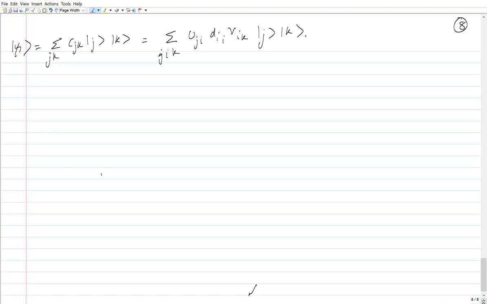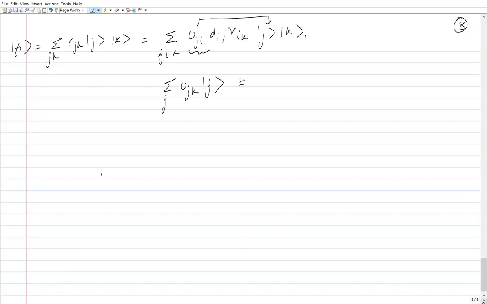Once I have this, it just boils down to relabeling my variables or relabeling my indices again. Convince yourself that this quantity over here, combining this with this, is just another unitary matrix applied to these column vectors and summed over the coefficients. That's just going to give me another vector.